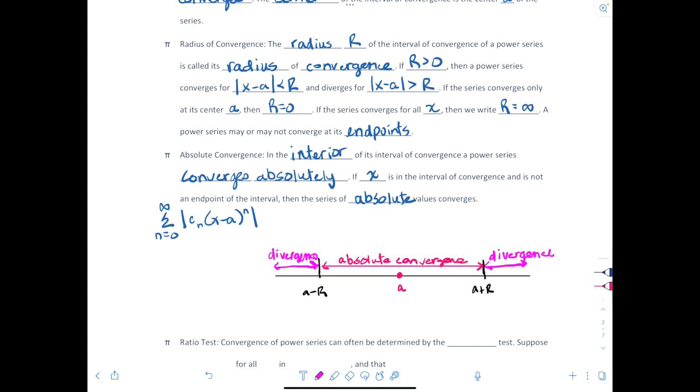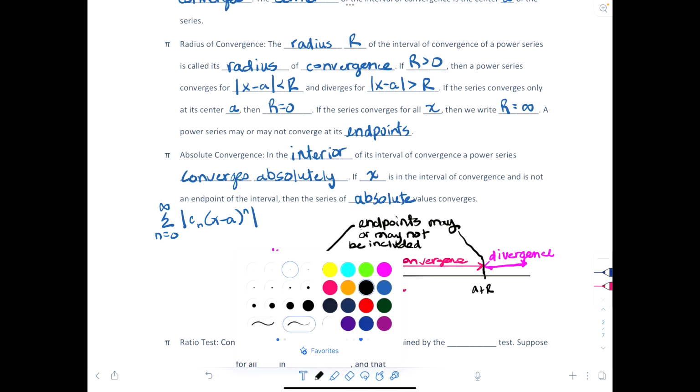And as far as the endpoints go, we don't know. You'll have to run a test on them.